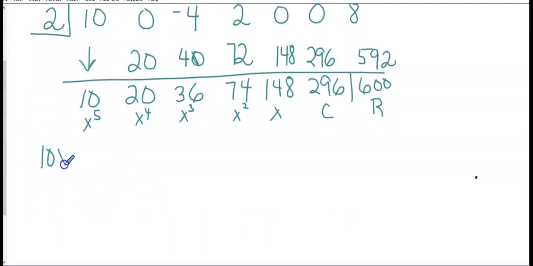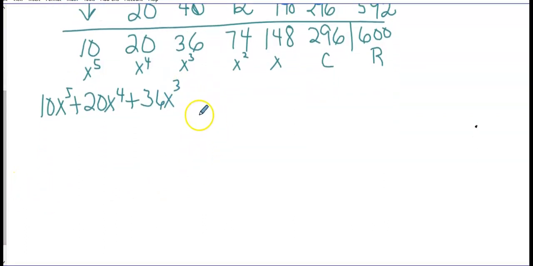It's 10x to the 5th plus 20x to the 4th plus 36x cubed. So I can write this a little bit better.